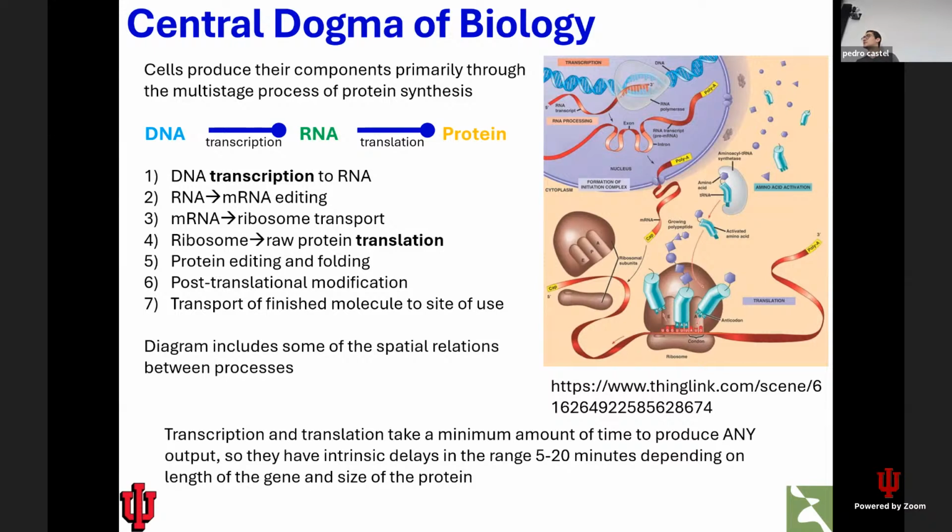If you consider a virus a living being, then this is not a dogma anymore because viruses don't do transcription and translation on their own. So if you agree that this is the central dogma, so living things do this, then viruses, for example, are not living beings. So very interesting discussions, but that's not central to the class. So let's keep going.